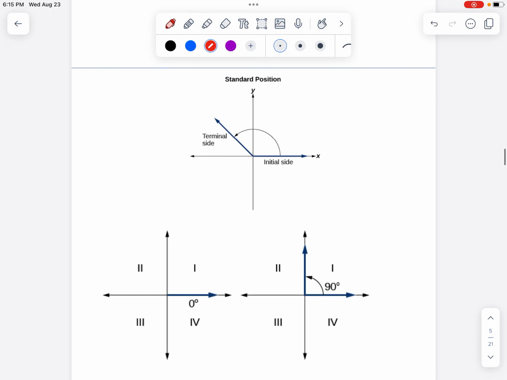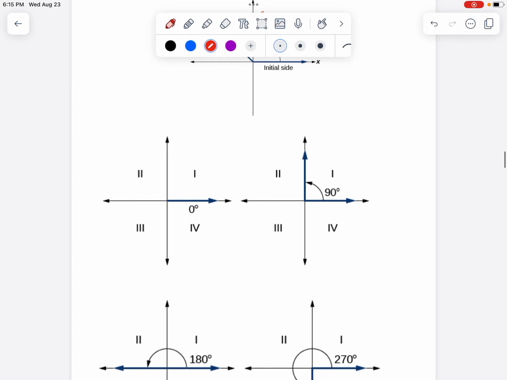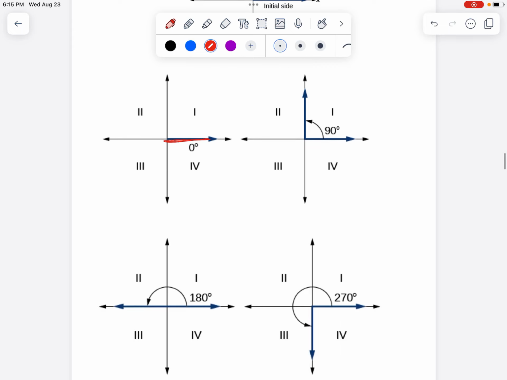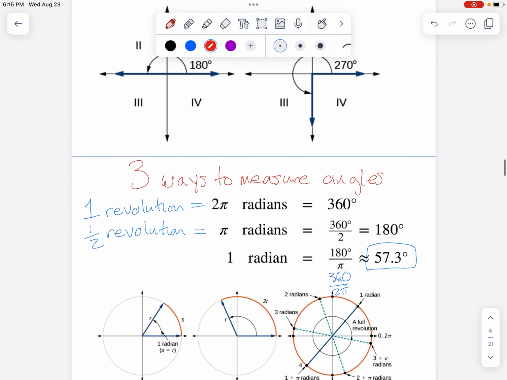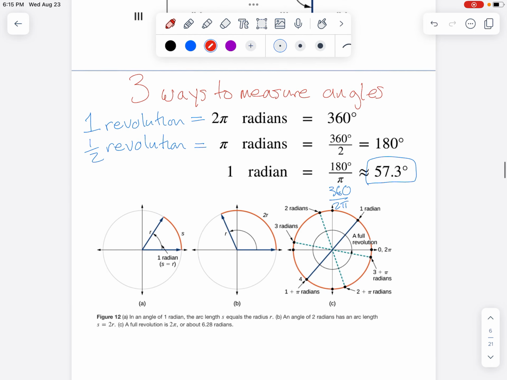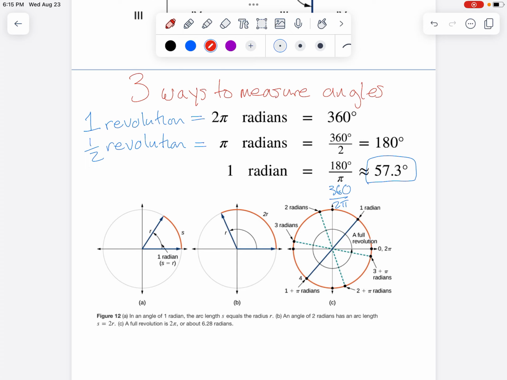So every angle has an initial side, and rotate counterclockwise, we get to a terminal side. Our standard angle will be placed on a set of axes and have going towards the right, 0 degrees, 90 degrees, 180, 270. And there are the three ways to measure the angles. One revolution is 2 pi radians is 360 degrees.